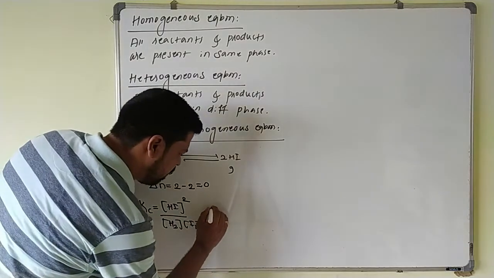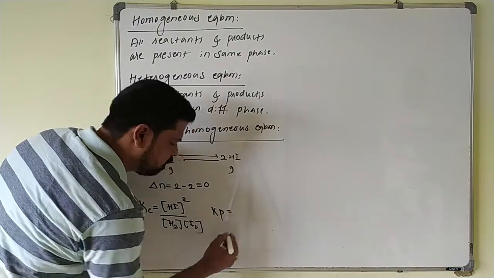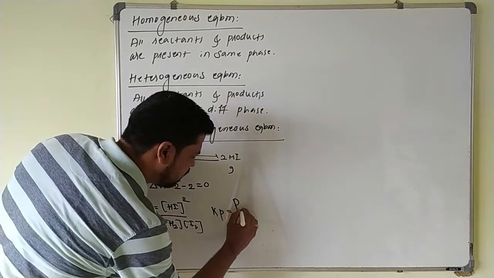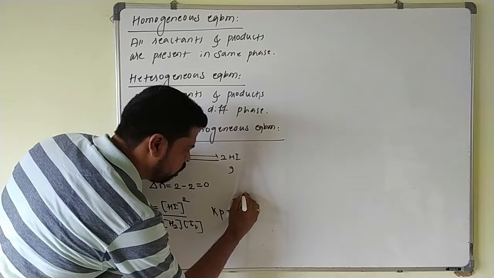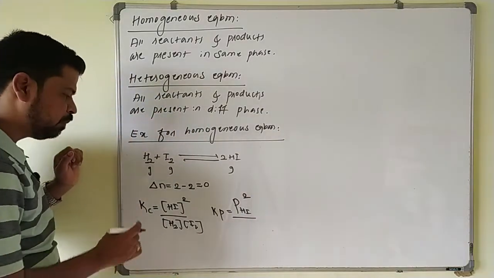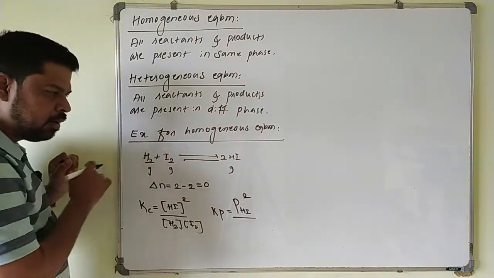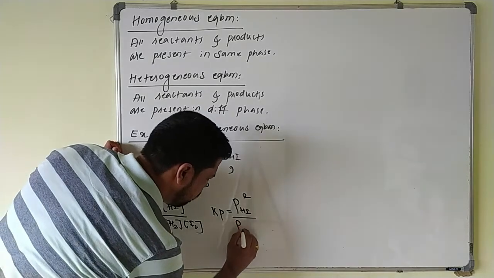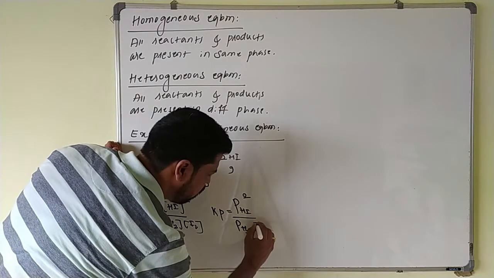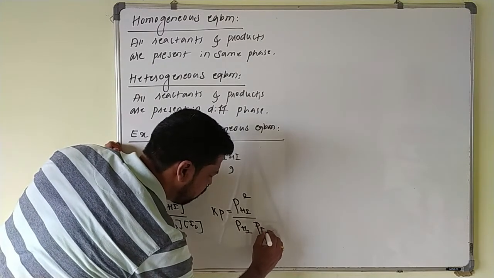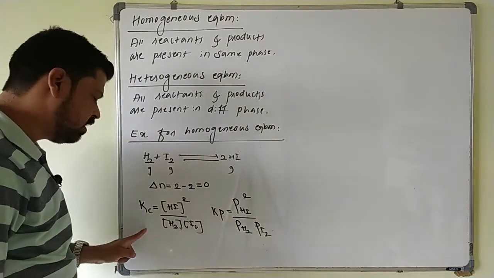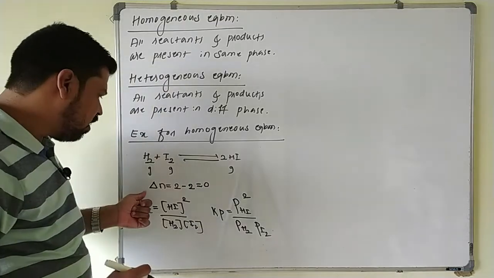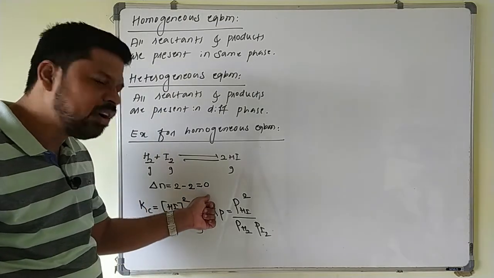Similarly, Kp equals partial pressure of HI power 2, since the stoichiometric coefficient is 2, divided by partial pressure of H2 times partial pressure of I2. This is in terms of partial pressure, and the other is in terms of concentration.